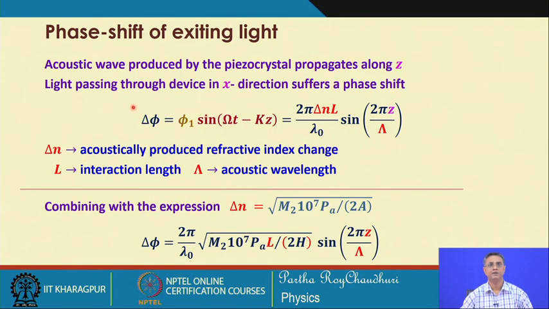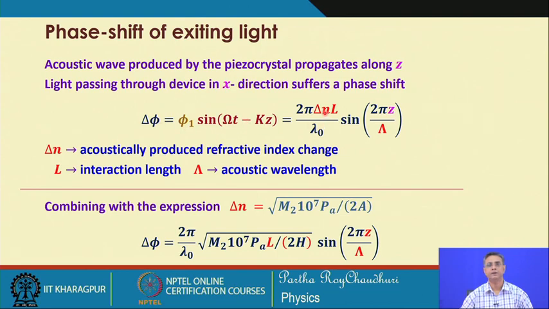So, delta phi is equal to phi 1 sin omega t, because this is at acoustic frequency, looking at the standing nature of the grating with respect to the high frequency of the optical beam.